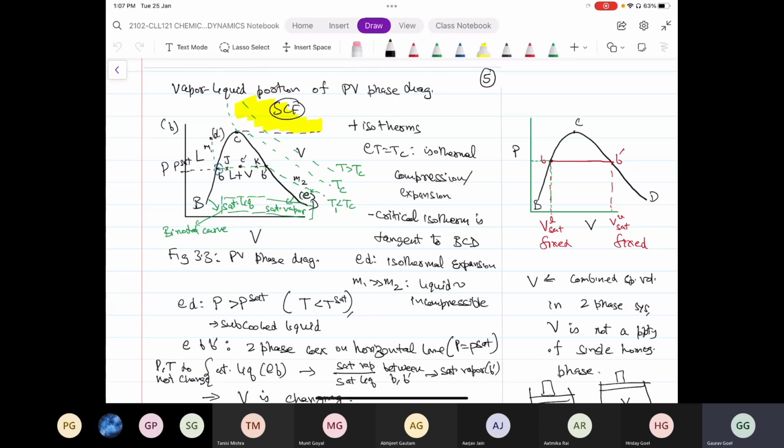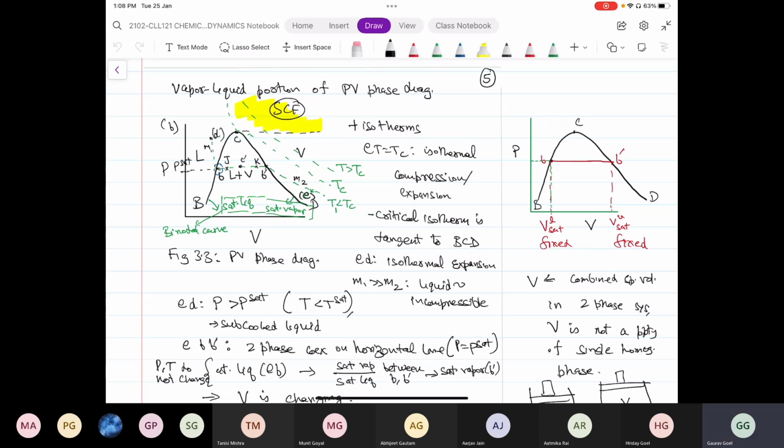To the left of B, the liquid equation of state is valid, and because temperature is fixed, a line tells you the relationship between pressure and volume. That line has a very different slope because liquid compressibilities are very different from vapor compressibility. To the right of B prime, you have superheated vapor states with very different compressibility, visible in the slope.